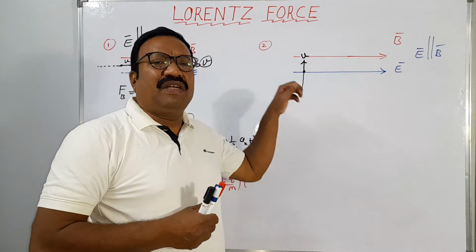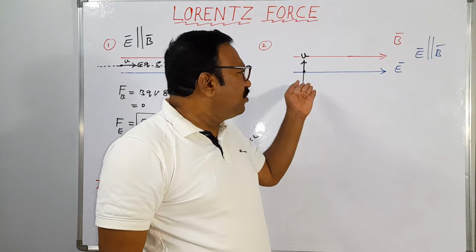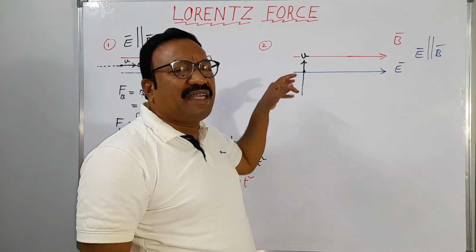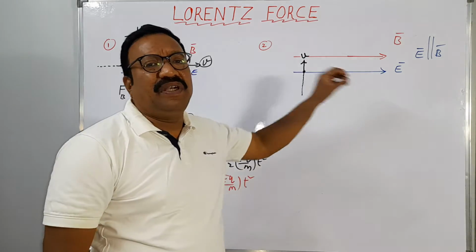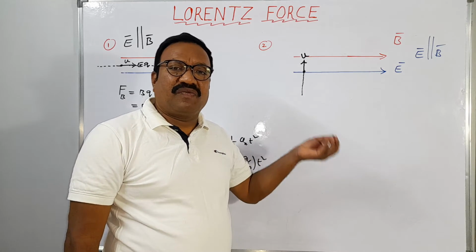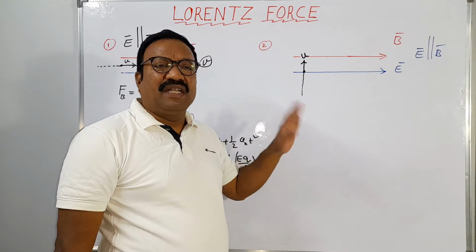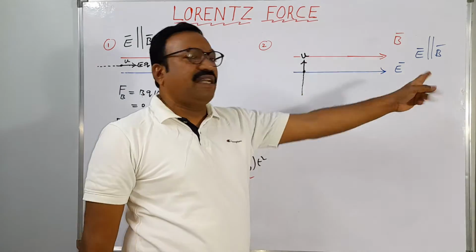Anyhow, the electric field will try to pull it towards the right always. Whichever direction the particle enters, the electric field will exert a force in the direction of the field if it is a positive charge. If it is a negative charge, the force exerted will be opposite to the field. No matter the direction in which the particle enters, the electric field will always pull in its direction only.